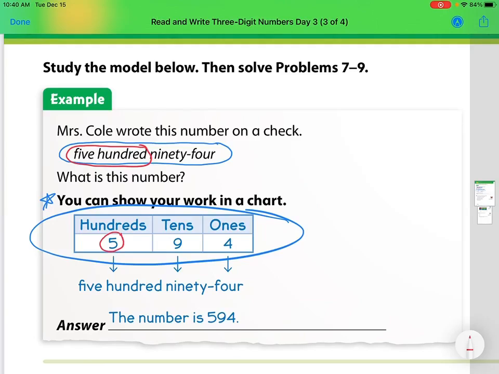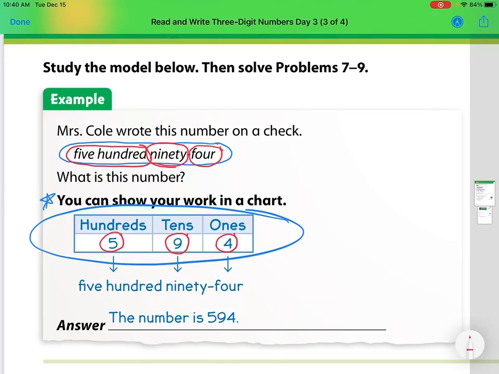The second part of the number that Mrs. Cole wrote was the number 90. So I know that's a 9 in the tens place because 9 tens is a value of 90. And then her last number that she wrote in a word was the number 4. And so we put the 4 in the ones place.